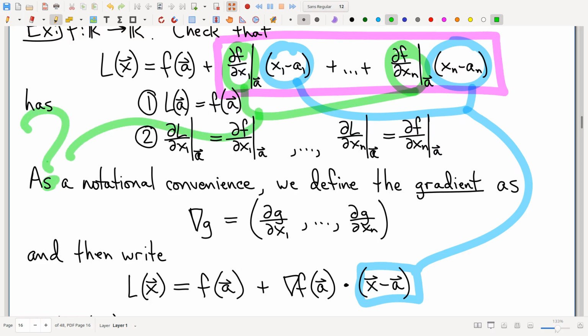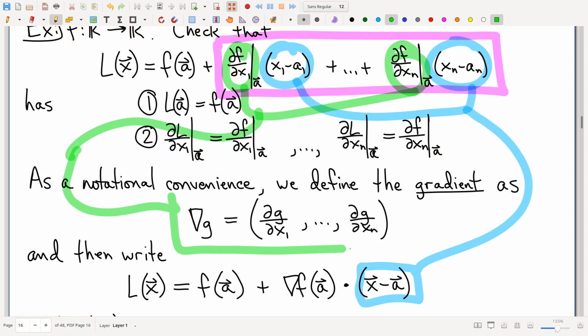What are we going to... if I want to make this a dot product, I need these green factors to be the coordinates of a thing, the coordinates of some vector. So we're going to define a new vector, just for notational convenience, as the vector whose coordinates are those green factors, thus making this literally, exactly, actually a dot product.